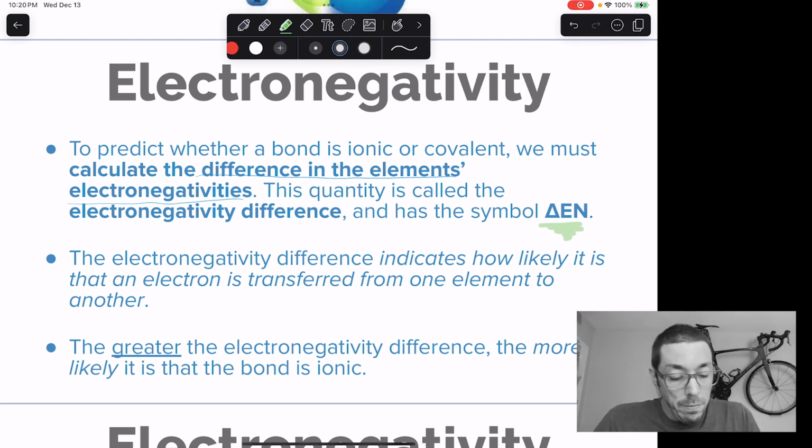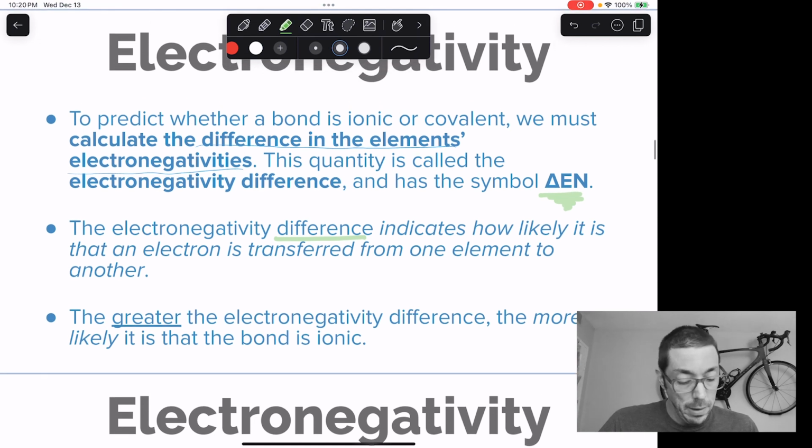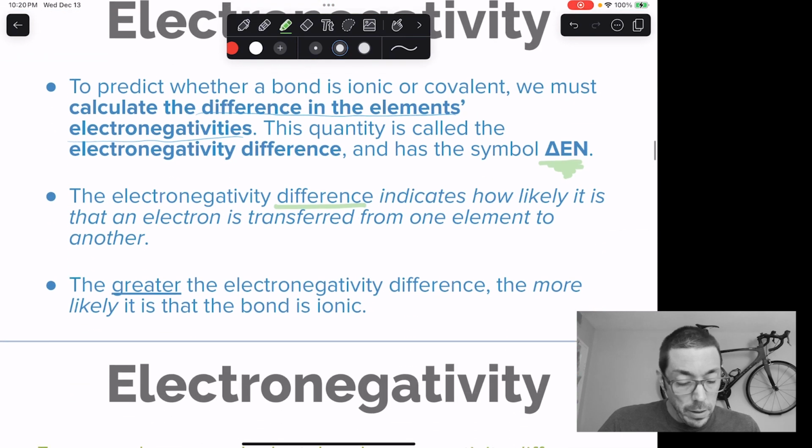So this value for the difference will tell you how likely it is that an electron is shared or transferred from one element to another. The bigger the difference in electronegativities, the more likely that the bond is ionic, or the more ionic the bond is.